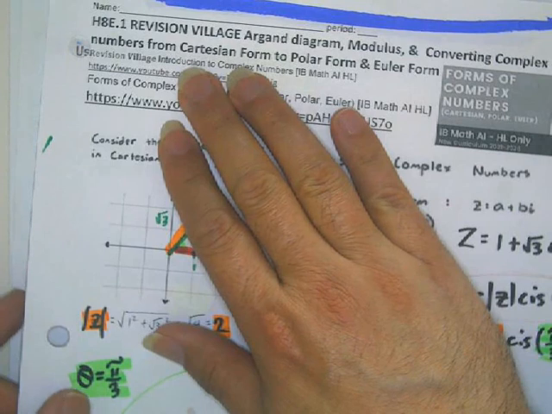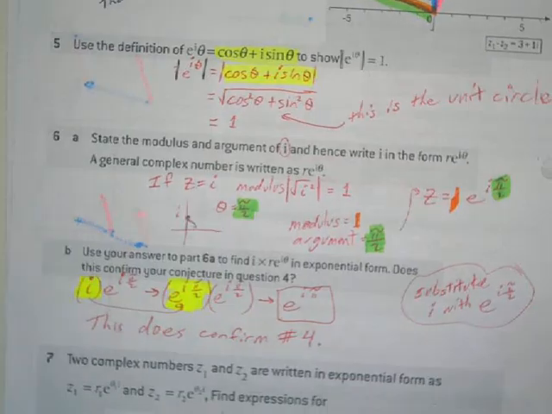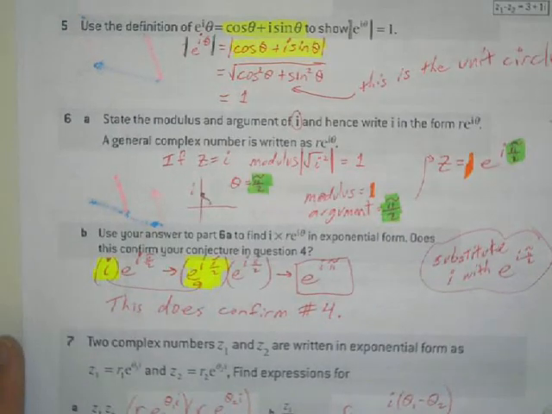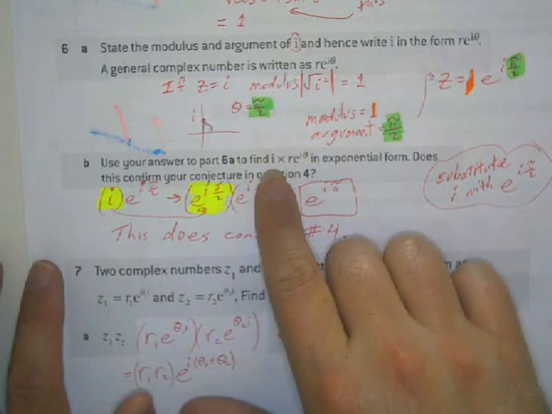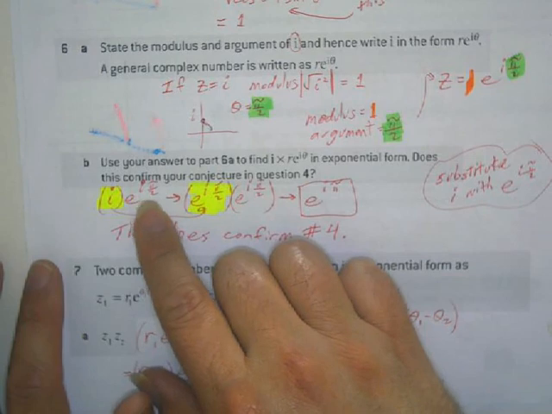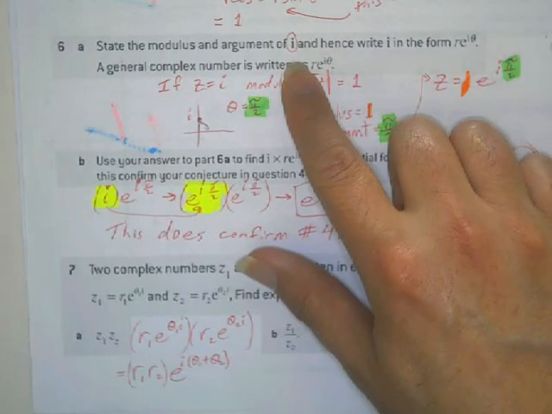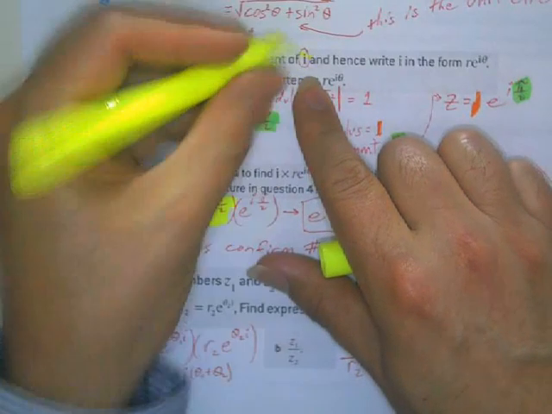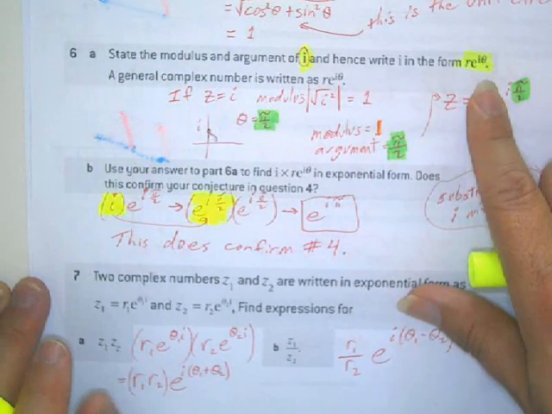H8E.1 in Revision Village and the other one as well. Okay. All right. So i times e to the i pi. We just said that we can substitute i with r e to the power of i theta.